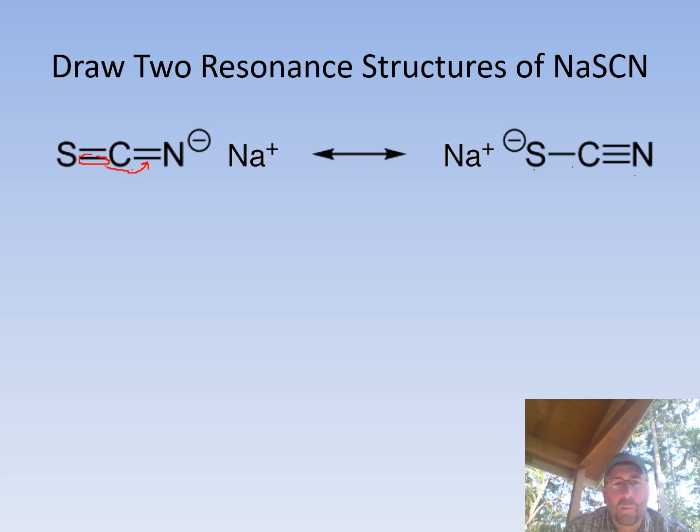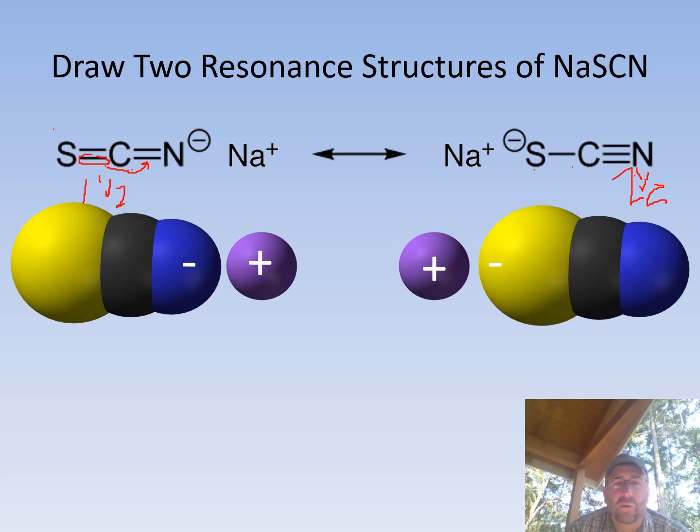So the average bond strength is going to be 1.5 on this side, and on the other side it's 2 and 3 averaged, so 2.5, because it's either 3 or 2. As for the charges, it's -1/2 on this side and -1/2 on that side. And this shows the space-filling model of those atoms.